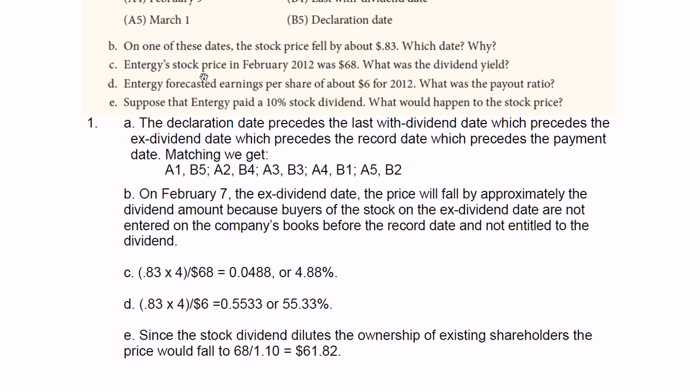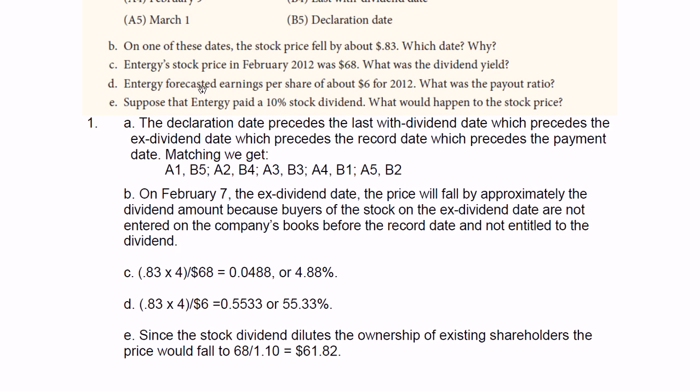C. Entergy's stock price in February 2012 was $68. What was the dividend yield? So the company pays out the dividend in quarters. Each quarter, $0.83. So the dividend yield to the stock price is 4.8%.